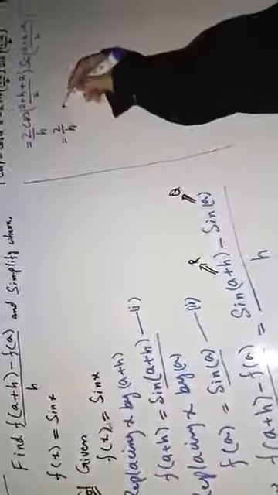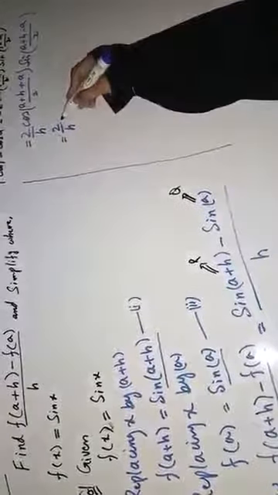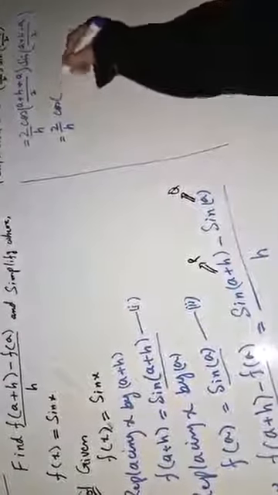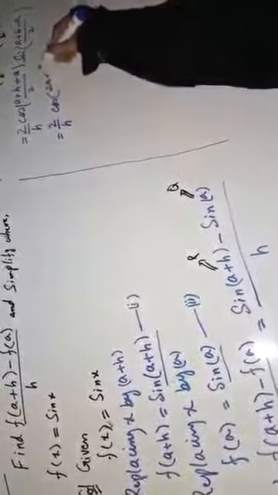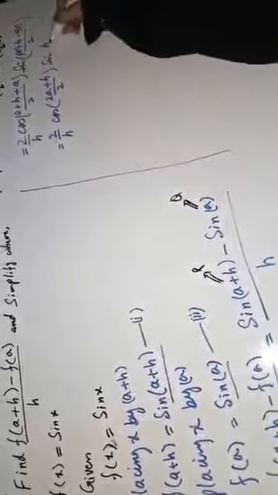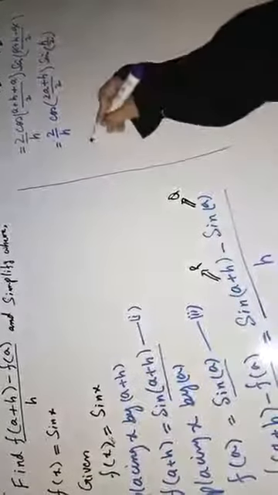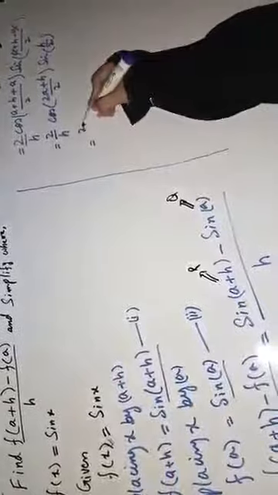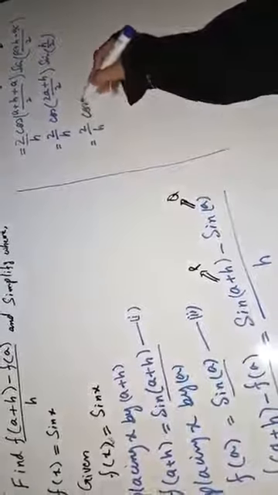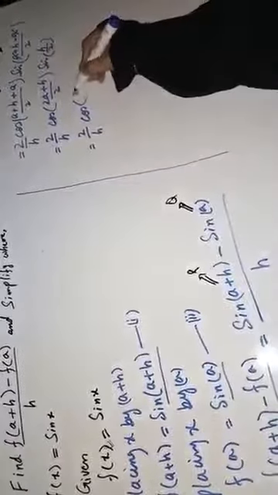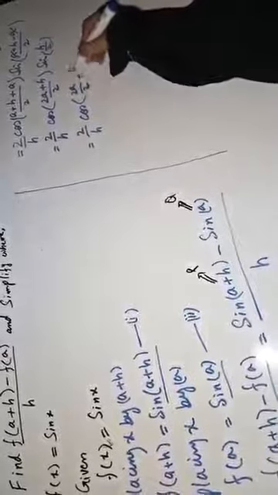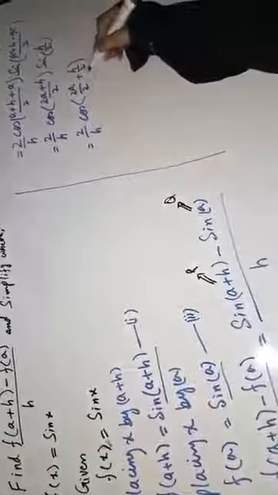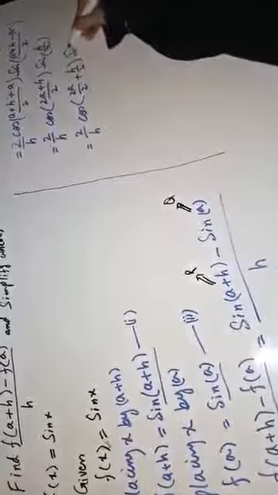I am further simplifying this form. 2 over h cos of (2a plus h) over 2, sin of h over 2, where the a cancels out. The next step is 2 over h cos of (2a over 2 plus h over 2), and sin h over 2 has no change.